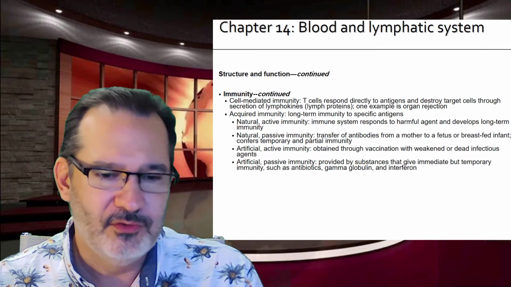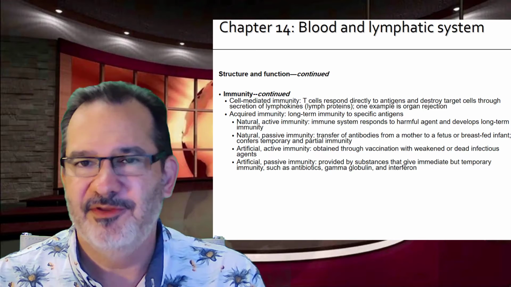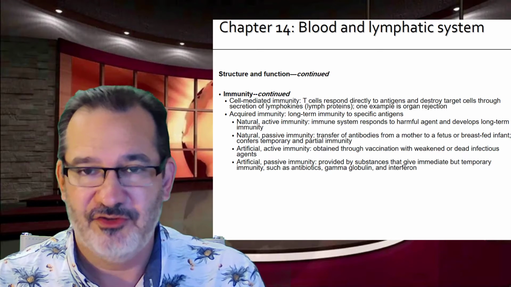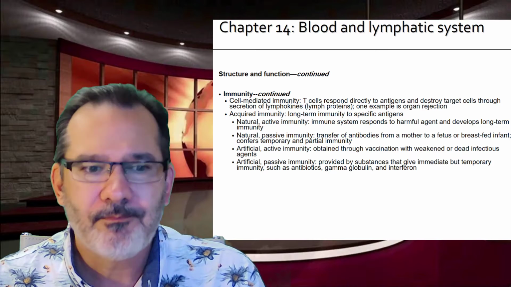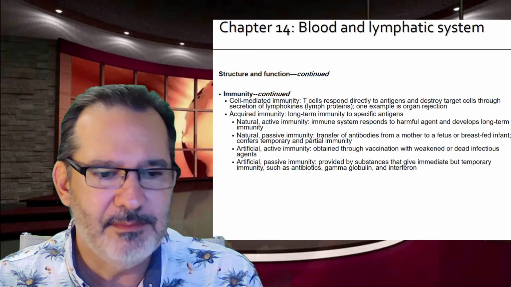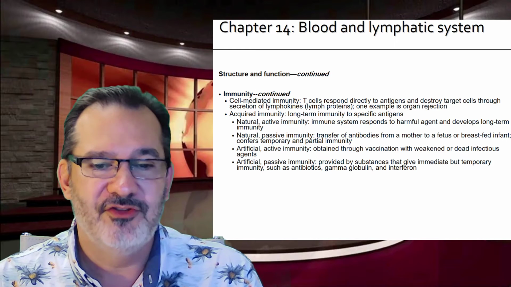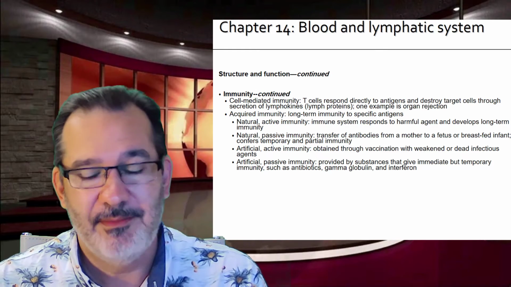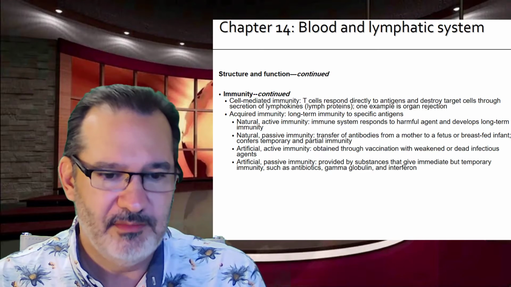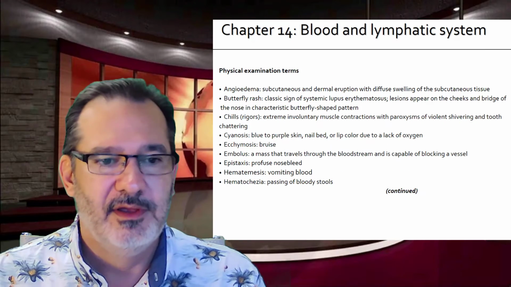So things like your flu vaccine, your hepatitis B, varicella, your varicella zoster, MMR. And then artificial passive immunity provided by substances that give immediate but temporary immunity, such as antibiotics, gamma globulin, interferon. So that's a short-term immunity, artificial passive.